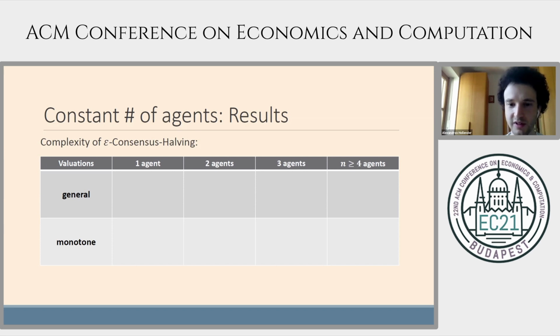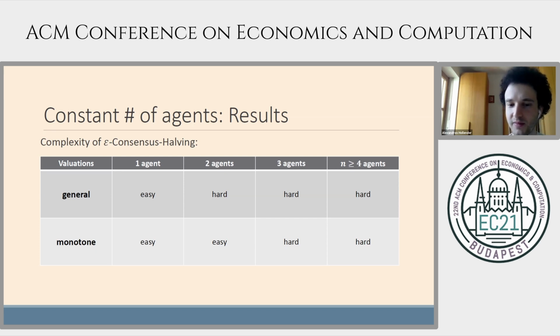And let me start with an executive summary of the results. So for general valuations, we show that the problem is easy for one agent and hard for two agents, hard for three agents, and more agents. And for monotone valuations, we show that the problem is easy for one agent again, but also easy for two agents, and it becomes hard only for three agents or more.